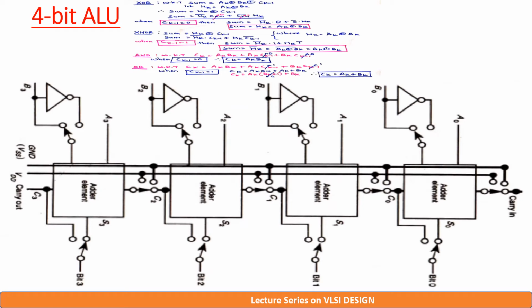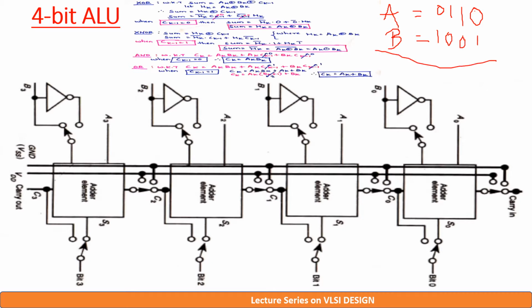So let us analyze this using this block diagram. Since we are implementing for 4-bit, we have 4 adder elements. So let us consider A input as 0110 and B input as 1001.